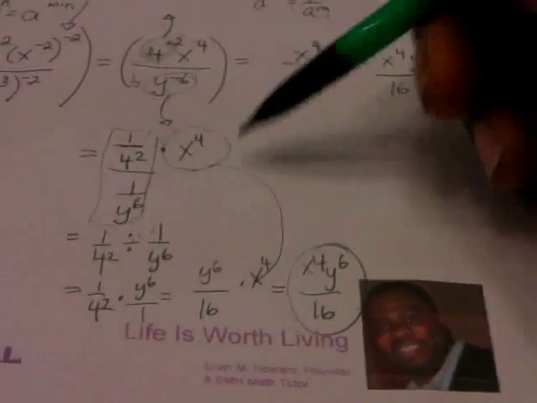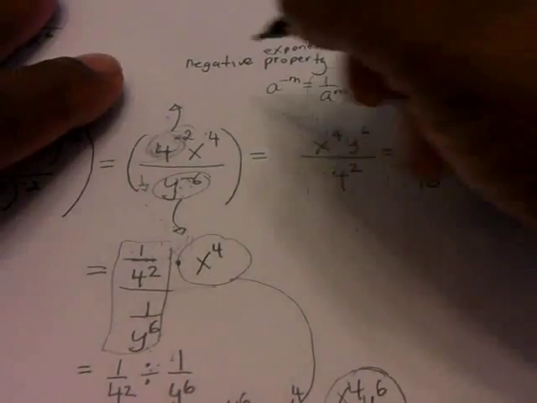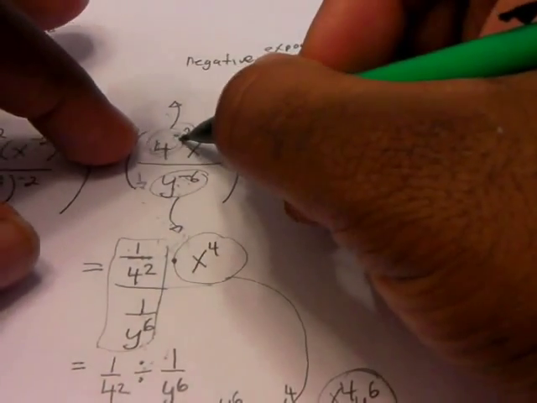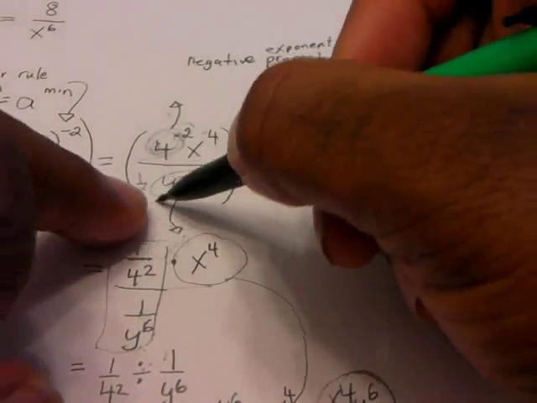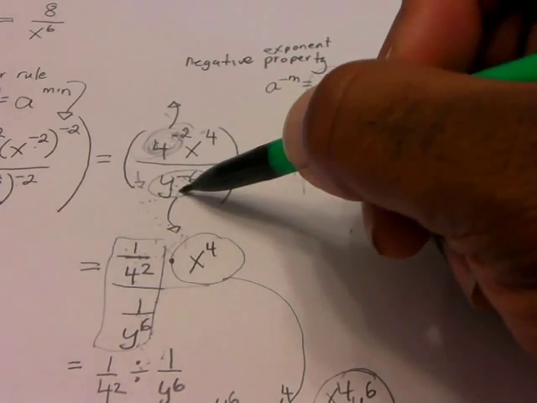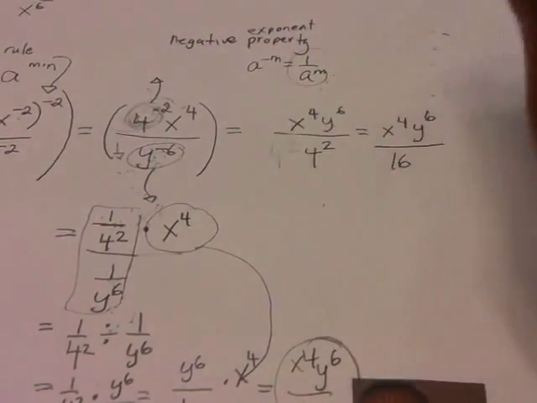So to make things simpler, instead of doing all of this, why not recognize that when you have a negative exponent in the numerator, just switch it to the denominator, and if you have a negative exponent in the denominator, just switch it up to the numerator. I hope that's helpful.